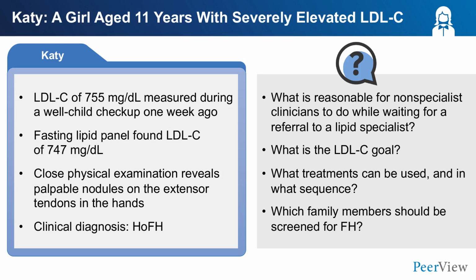And the goal, well, the perfect goal is as low as you can get. But in this case, it depends on the situation with the patient history and family history. But getting as low as you can is the priority. What treatments can be used in what sequence? Well, I showed you that before.